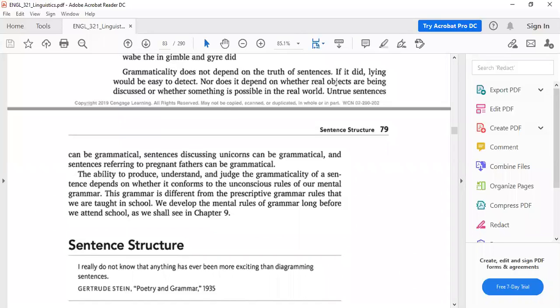Can you see this sentence? Untrue sentences can be grammatical. Sentences discussing unicorns can be grammatical, and sentences referring to pregnant fathers can be grammatical.